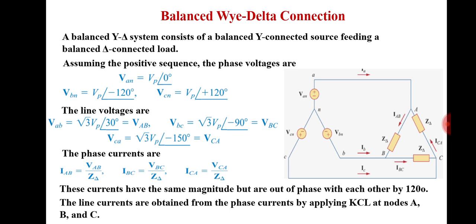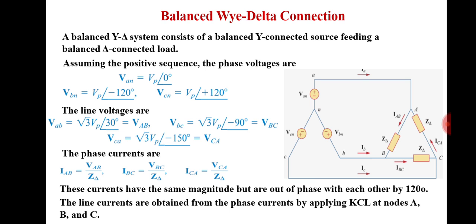Now we first take the balanced star delta system. In this system, a balanced star connected source feeds a balanced delta connected load. Assuming the positive sequence, the phase voltages are VAN equal to VP with angle 0 degree, VBN equal to VP with angle minus 120 degree, and VCN equal to VP with angle plus 120 degree because of the balanced system.